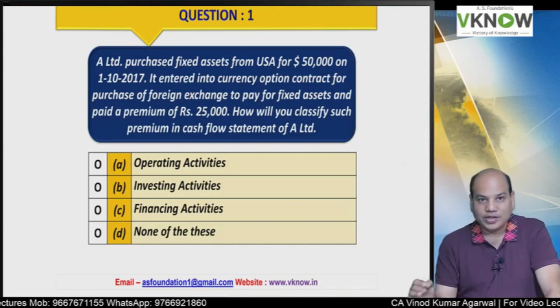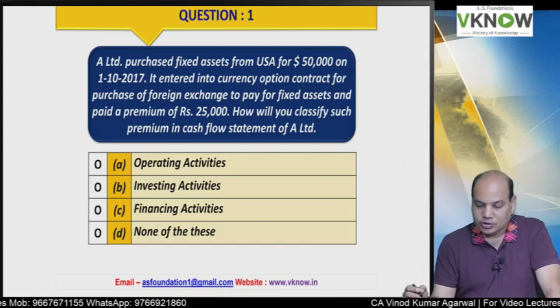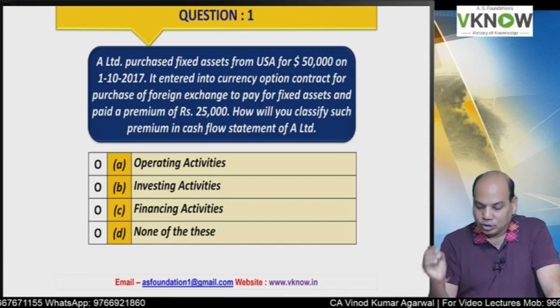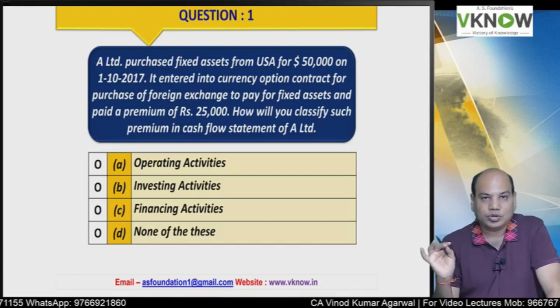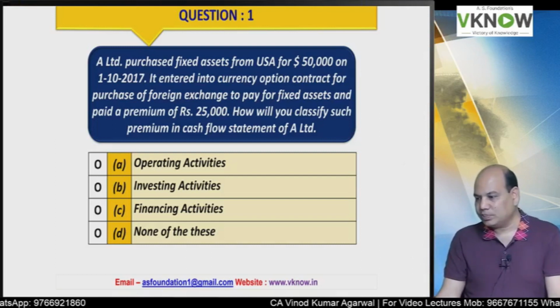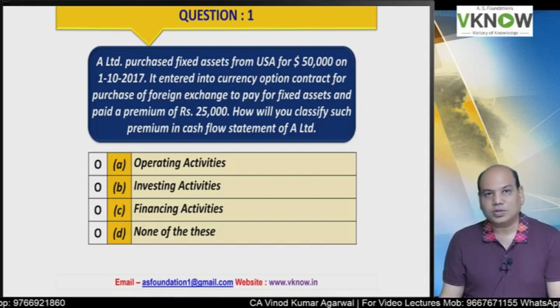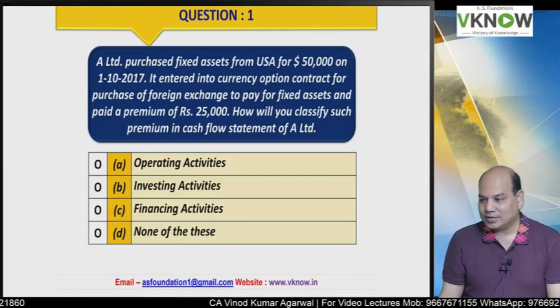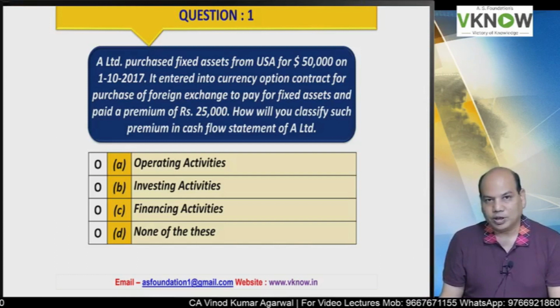So in order to hedge the purchase of fixed asset, it has paid a premium of 25,000 rupees to purchase the option. If you purchase an option, you have to pay premium. This premium is paid towards acquisition of fixed asset, towards acquisition of PPE.